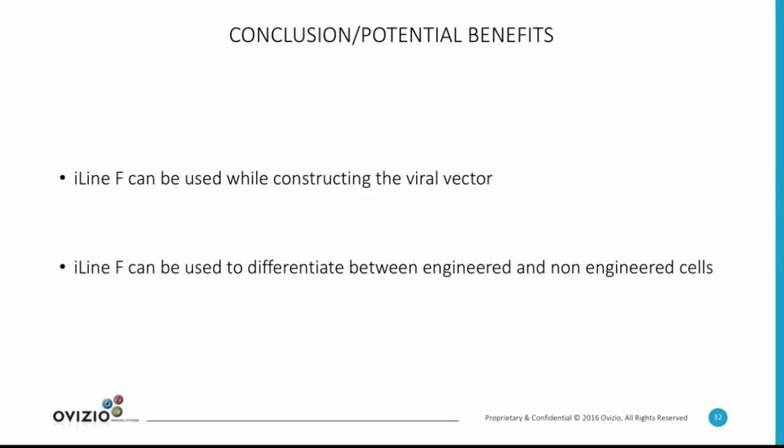And the ILINE-F can as well be used to differentiate between engineered and non-engineered cells. We have very high hopes that this doesn't mean only by the use of infection, but maybe as well by using CRISPR-Cas technologies or any other technologies that you can use to engineer your cells.